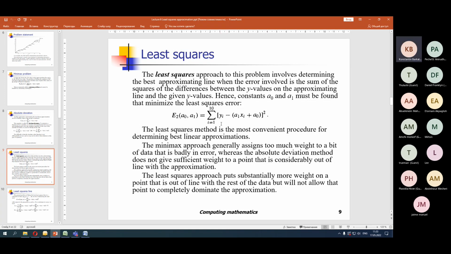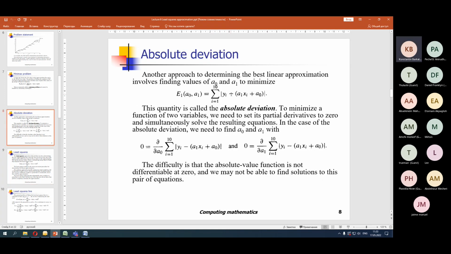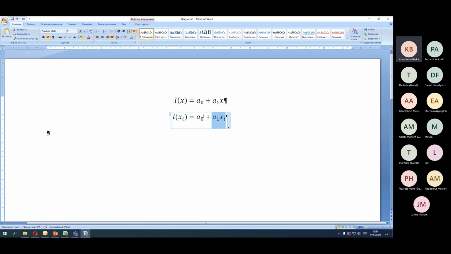Well, what is the difference between these two formulas? In this formula, we compute the difference between yi and L of xi. It's very simple. Let me just retype this formula.